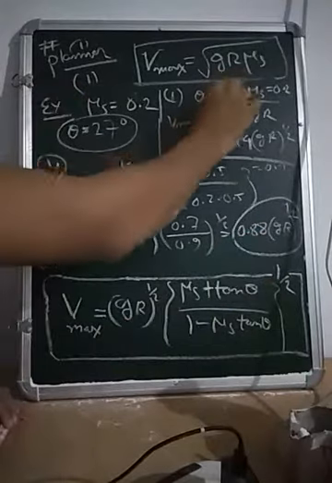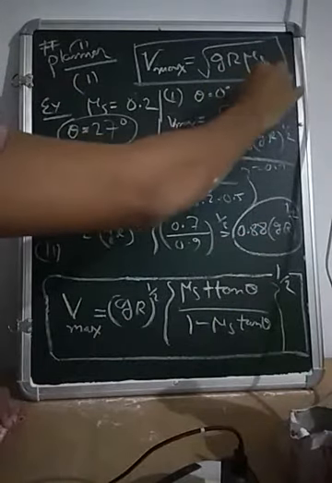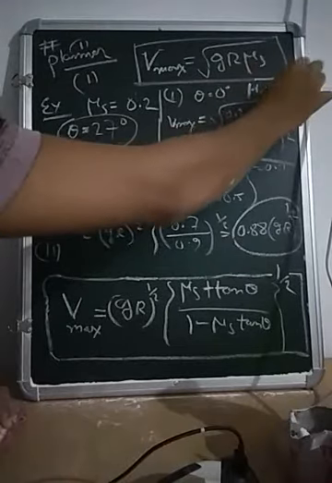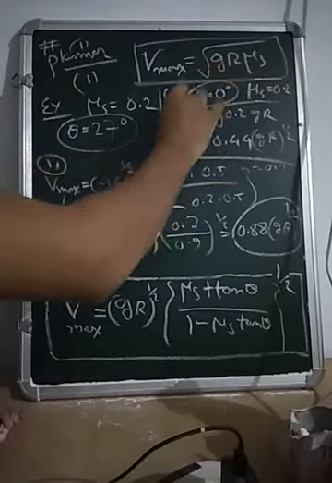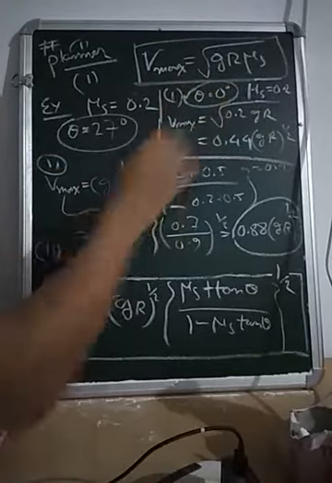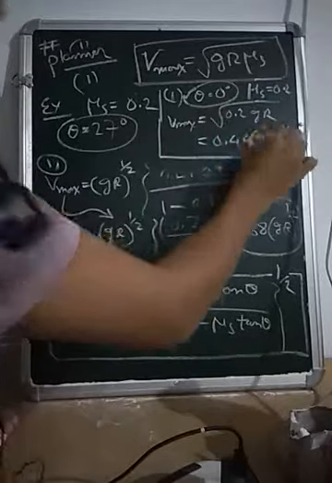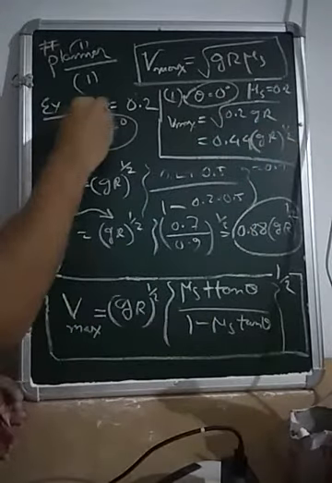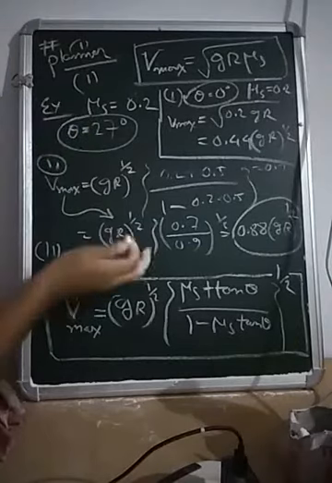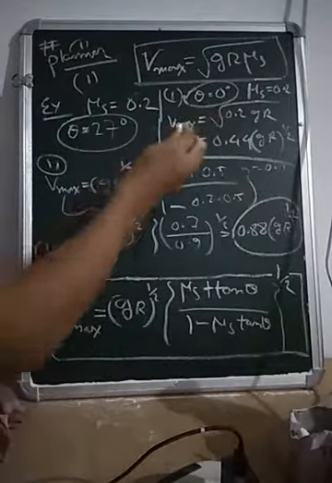In case of a planar road, taking the same surface where mu is 0.2, if the inclination or banking is 0 degrees, then the maximum velocity is 0.44 into g r to the power half. So if we bend the road at 27 degrees, we can acquire double this velocity.